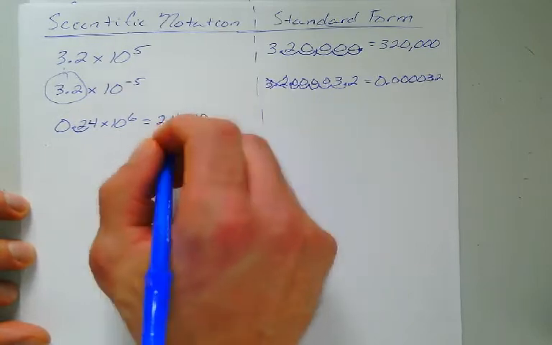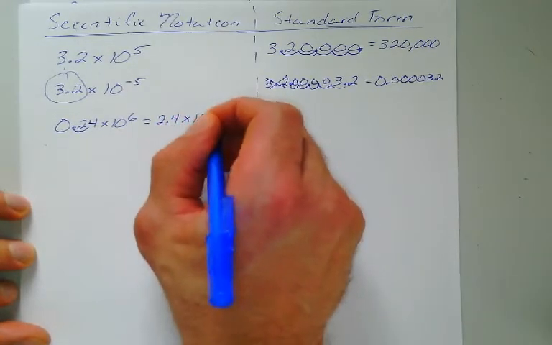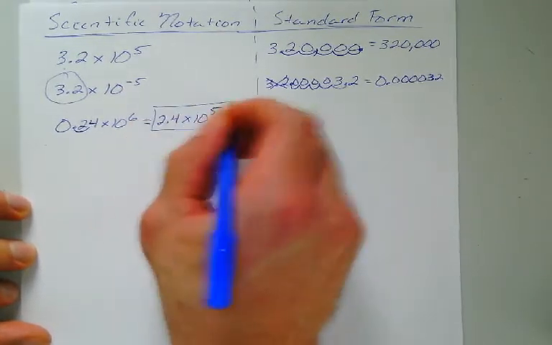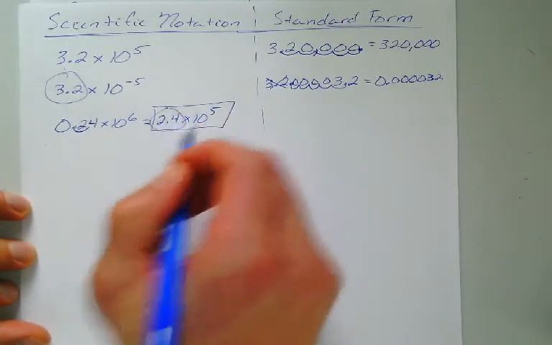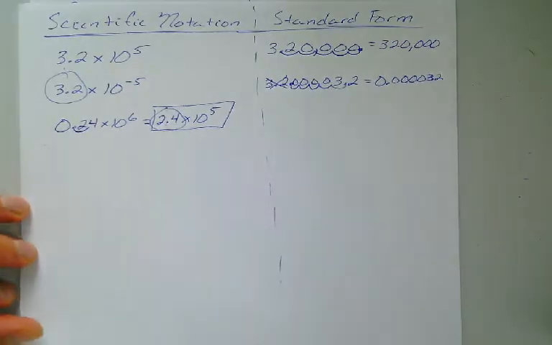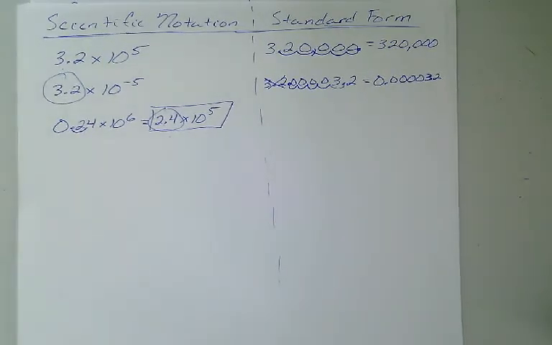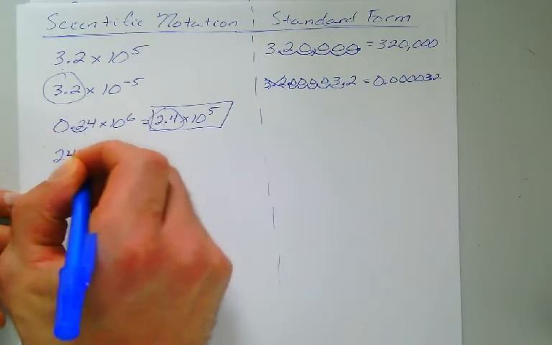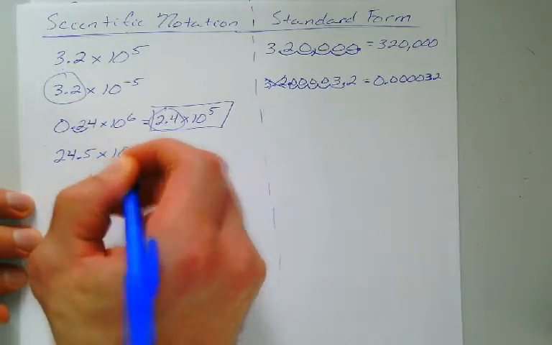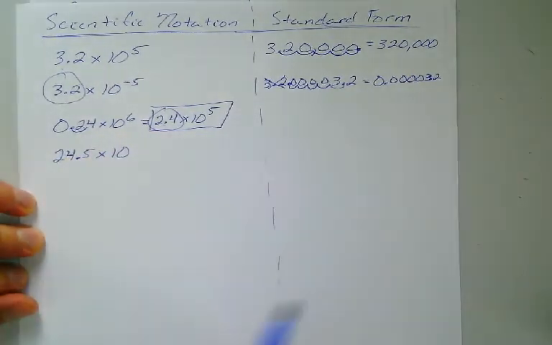So this is going to become 2.4 times 10 to the 5th power. Now, this is perfect scientific notation because that first factor, 2.4, is greater than or equal to 1, but less than 10. All right. Another one that you might see is something like 24.5 times 10 to the, let's do 6.